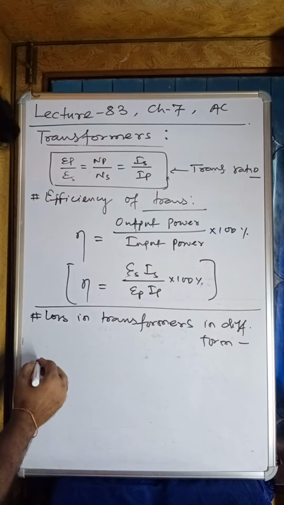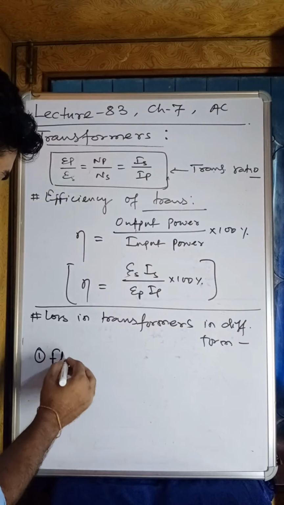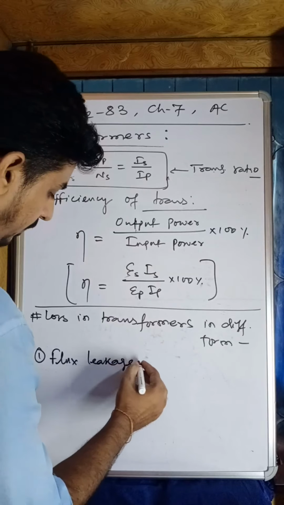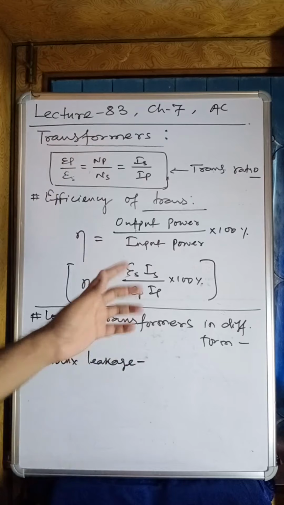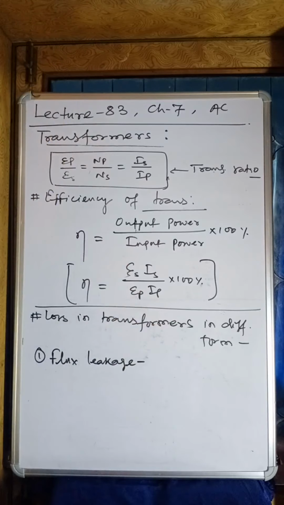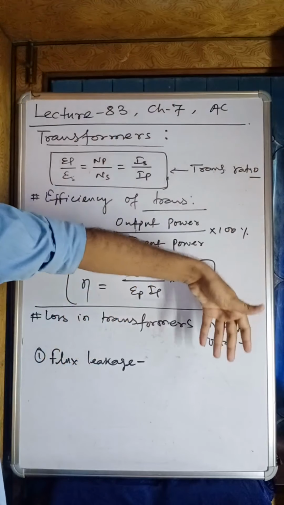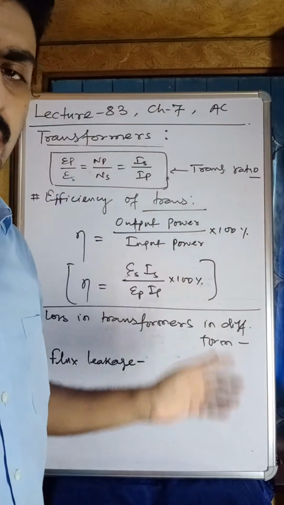So the first is the flux leakage. It could be the loss in power or energy. What we have studied is that the total flux made by the primary coil should be linked to the secondary coil. If the total flux is not linked from the primary to the secondary, what will happen?